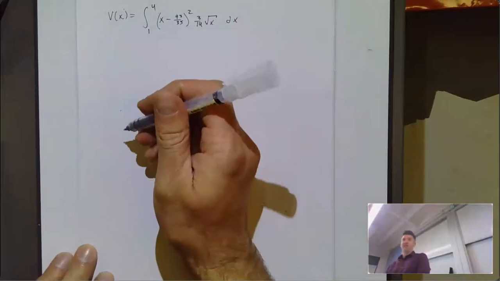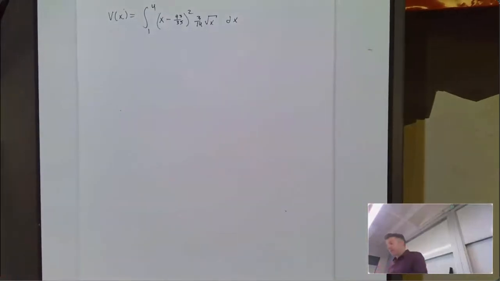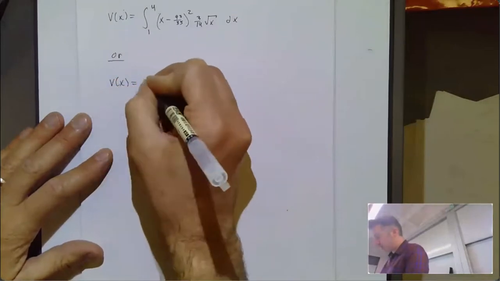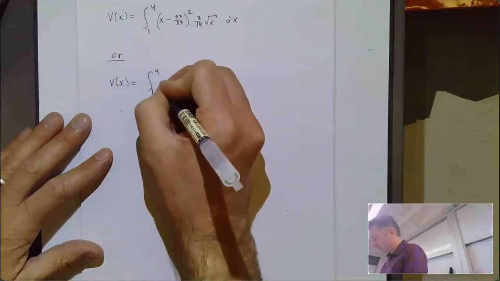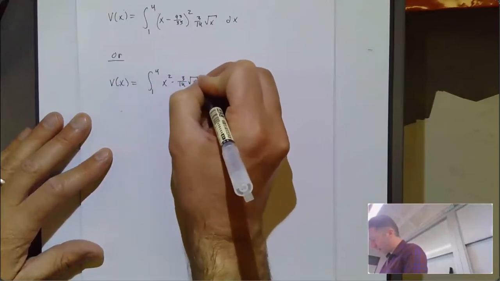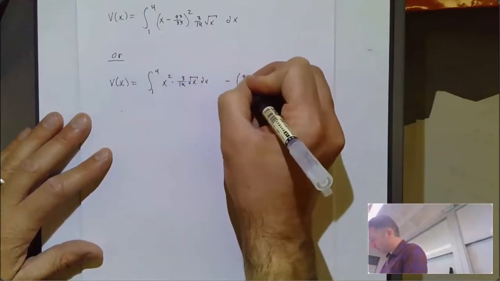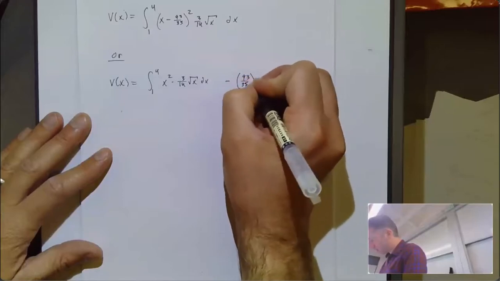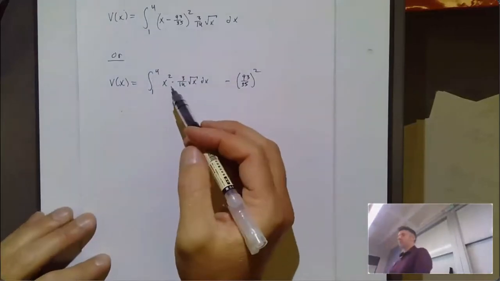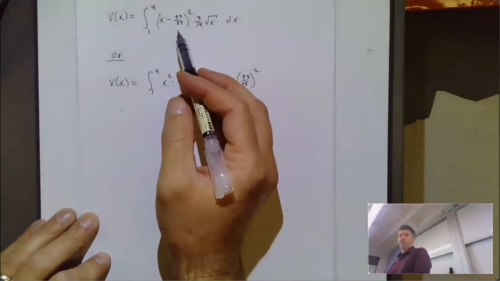I'm going to have to do a lot of integrating, right? It's going to be messy. Versus the variance equal to the integral from 1 to 4 of x squared times 3/14 times the square root of x dx minus the mean squared. That's going to be a lot less work. It's still not going to be pretty, but doing this integral is way less terrible than doing that integral.